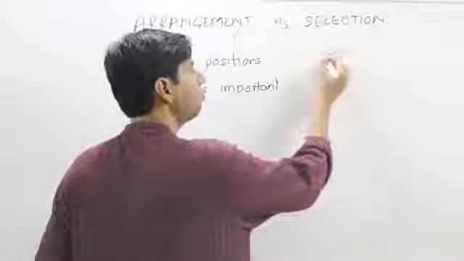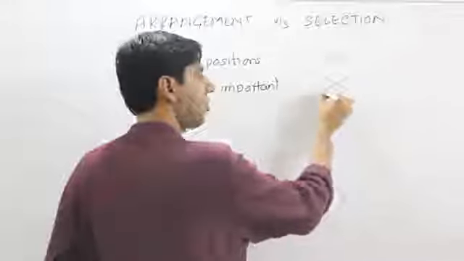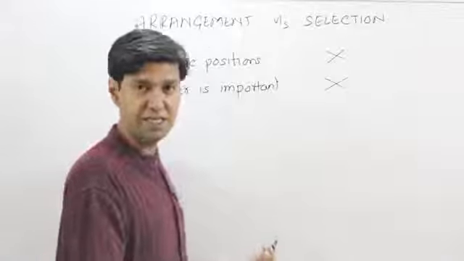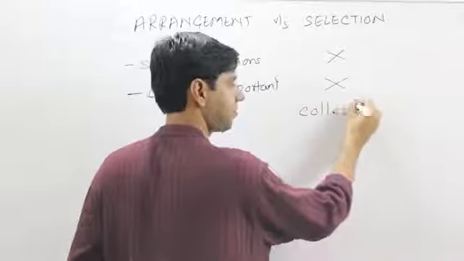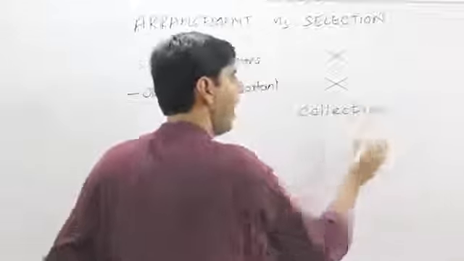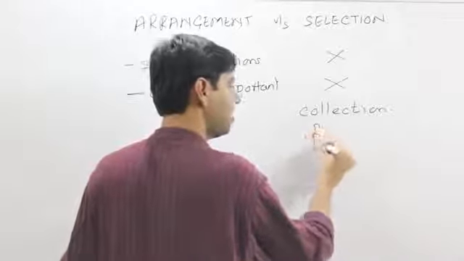Selection has no specific position. The order is not important. Then what is selection? Selection is nothing but a collection. And as we denote different collections, let's say a collection is denoted by a set.